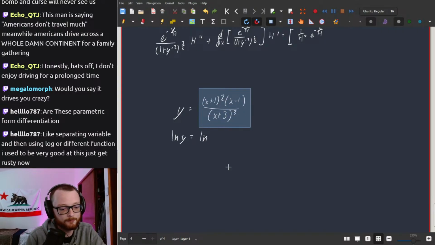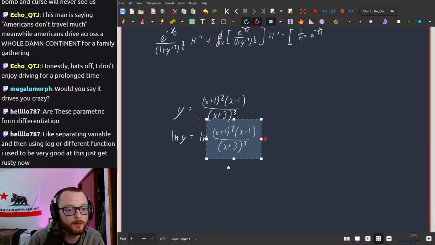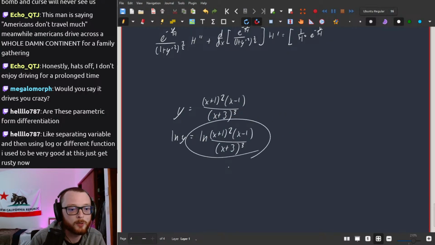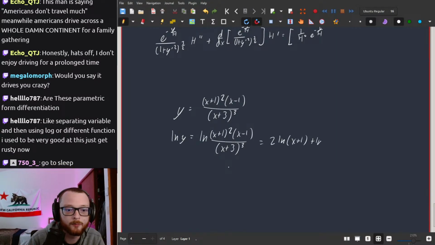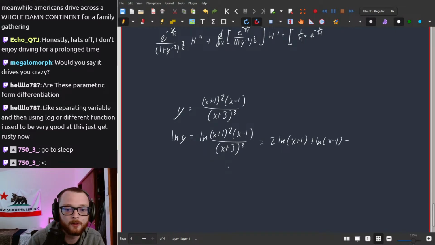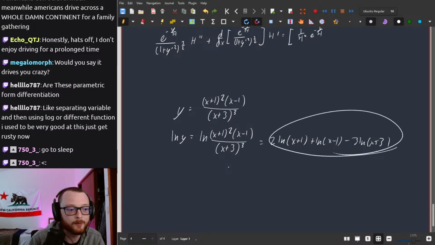Ln of that thing. But then logarithms have nice properties that let you simplify this. So if you use the properties enough, you get 2 ln x plus 1 plus ln x minus 1 minus 3 ln x plus 3. And this is way easier to find the derivative.